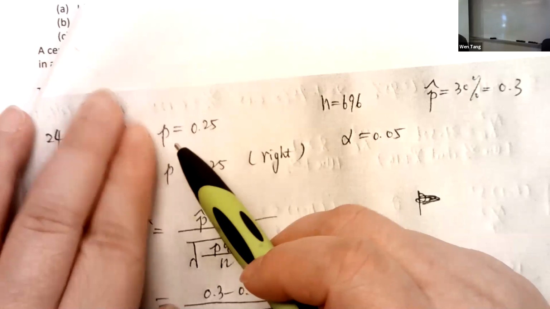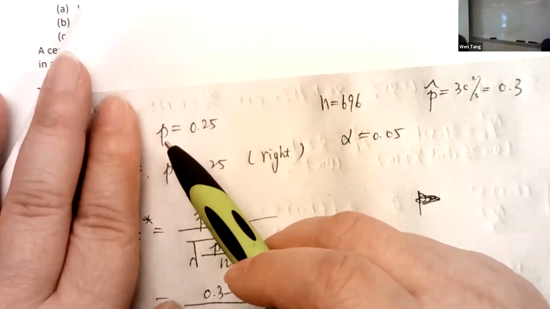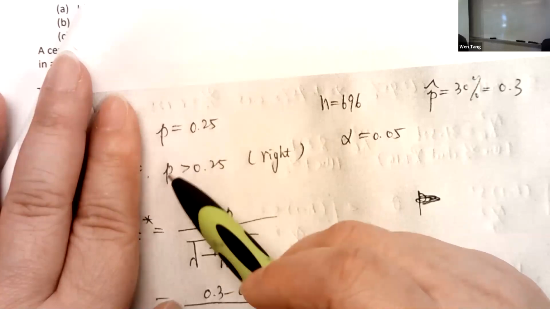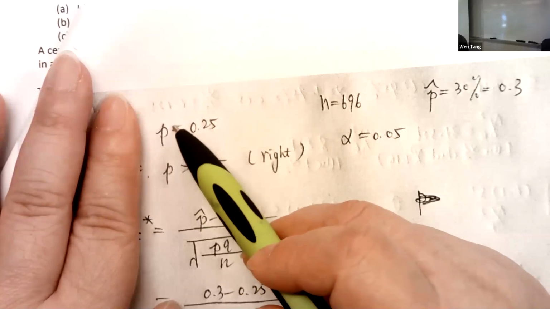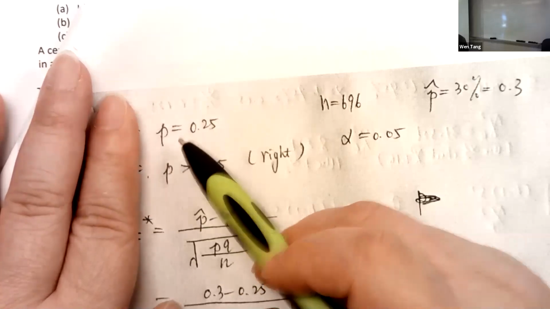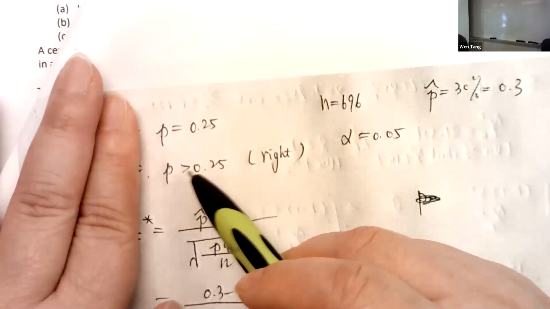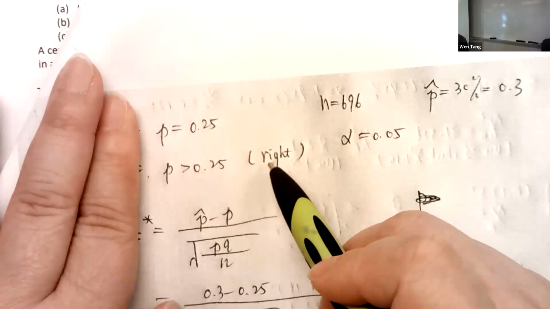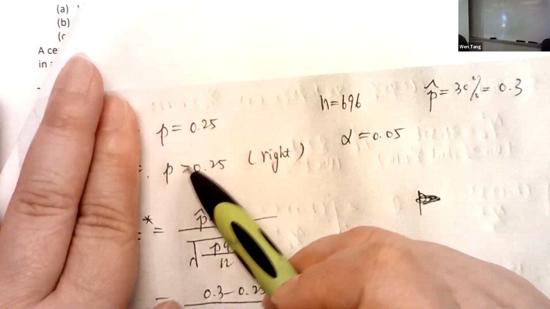Of course, we could get the corresponding null hypothesis based on this value, but the only difference is that the sign in the middle is the equal sign. We also need to tell ourselves this is the right-tailed test. It's the one tail, the right tail, because the alternative tells us it's greater than, okay?